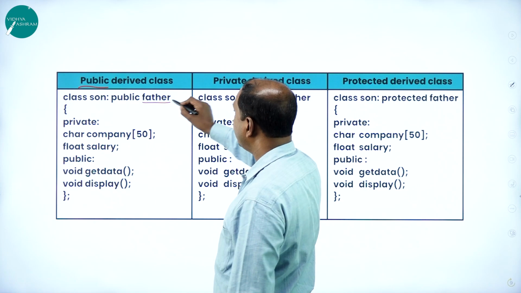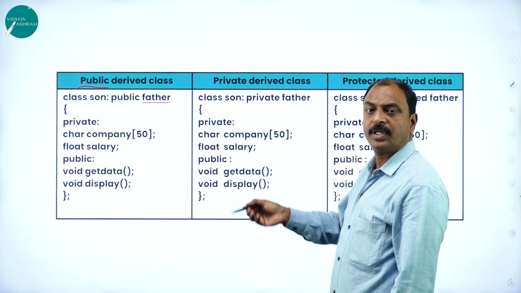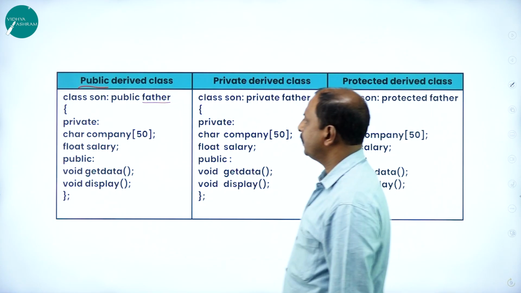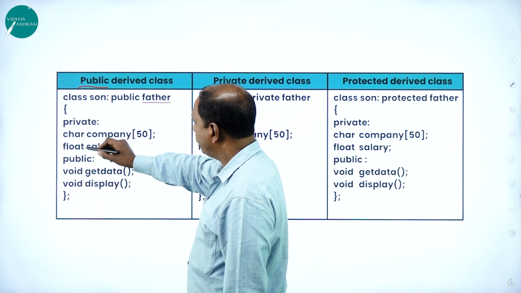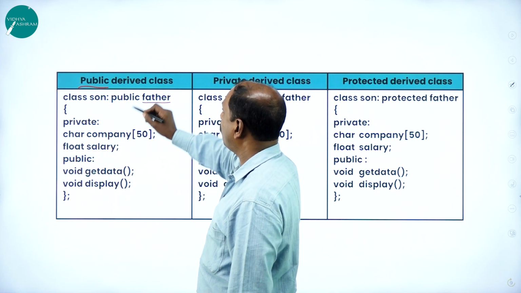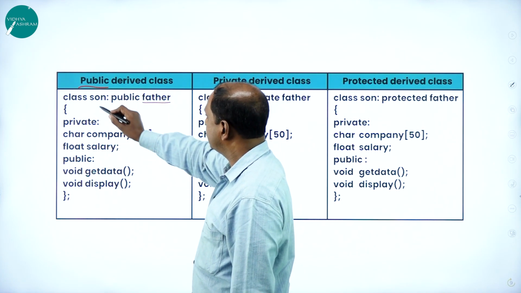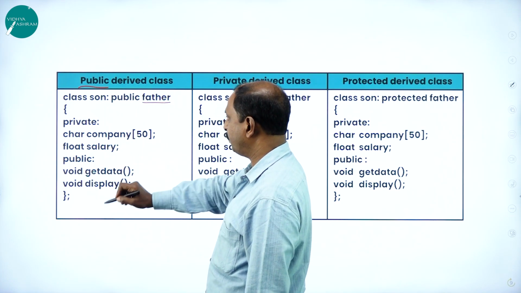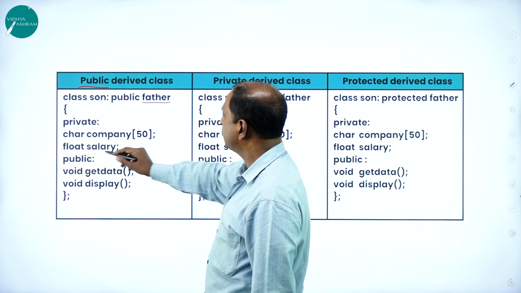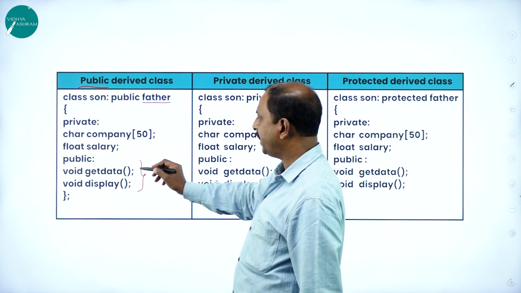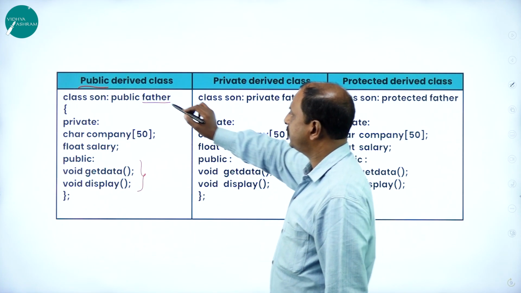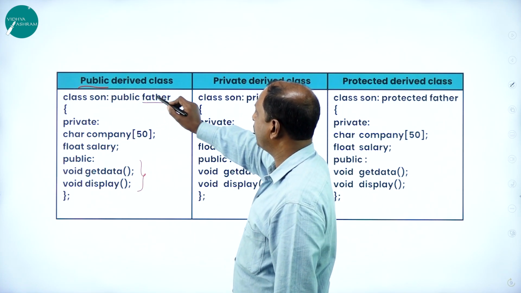This is the syntax you have learned in our previous slides. Then open the bracket. Then we write the data members and member functions of the derived class, son being the derived class in this example: character, company, salary, and under public we have two functions, get data and display. So this is a public derived class.